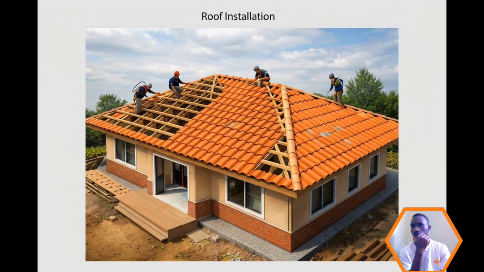So the pitch alignment of the roof has to be about 35 degrees. And why 35? Because that provides enough inclination for water to flow adjacent with the roof and to prevent leakage in the building.